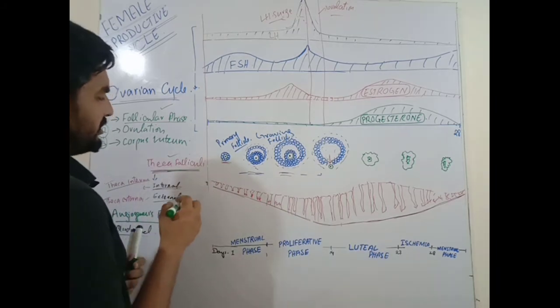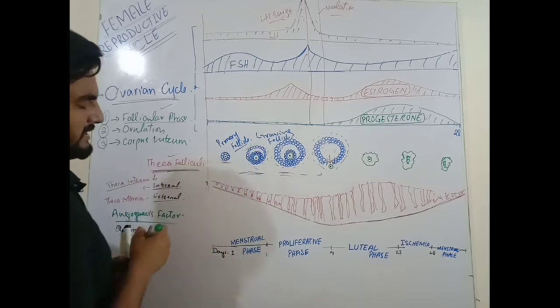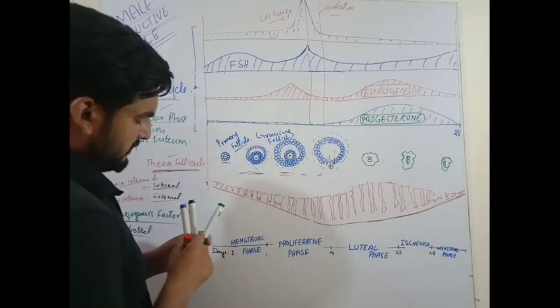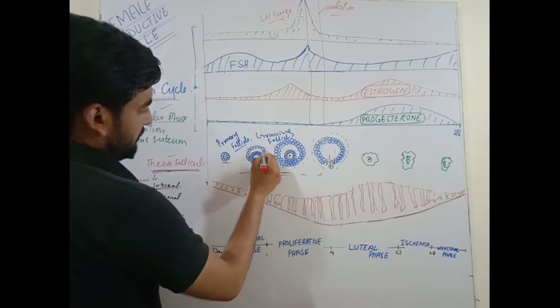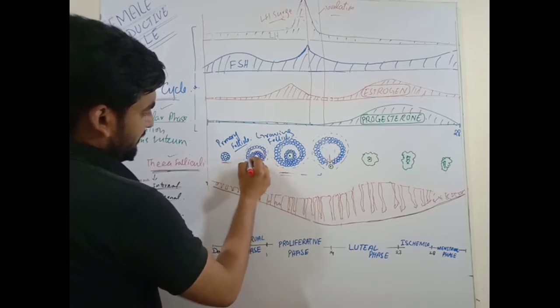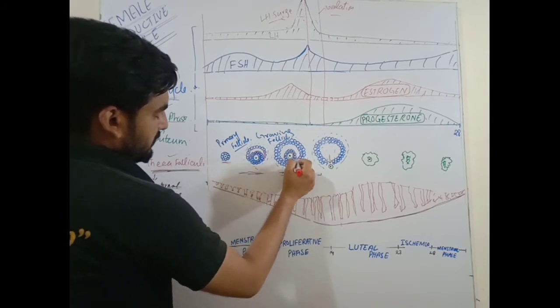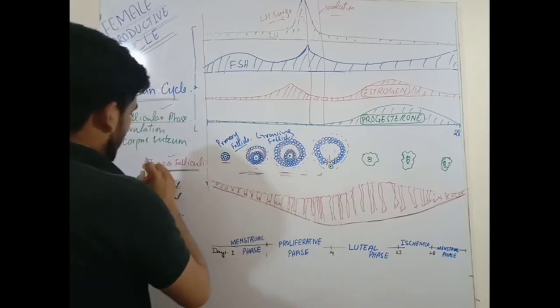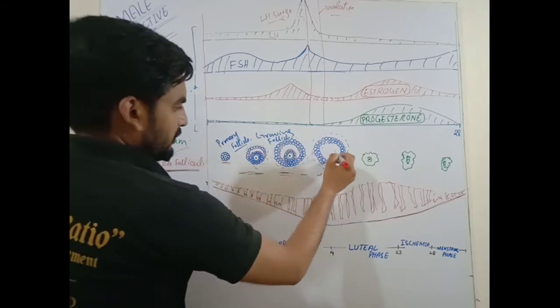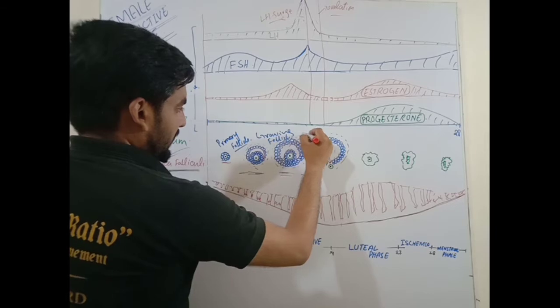There is a formation of spaces, and finally the different spaces join and form a cavity-like structure in the layers of the theca folliculi. This is called the antrum.